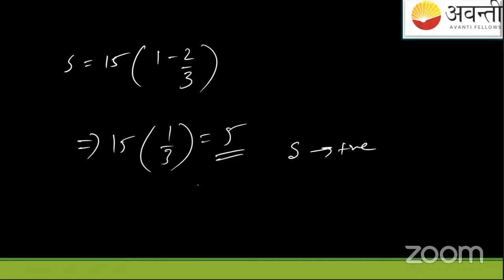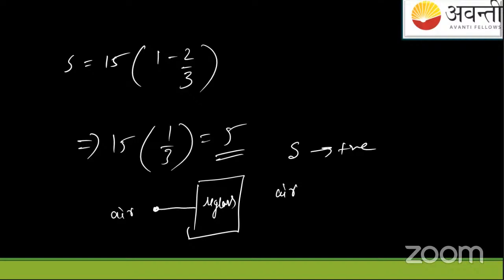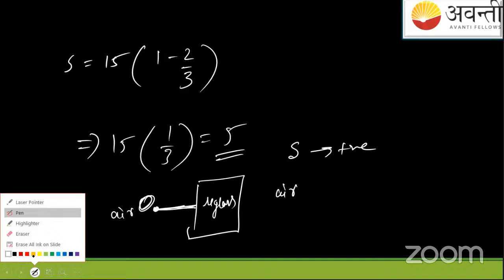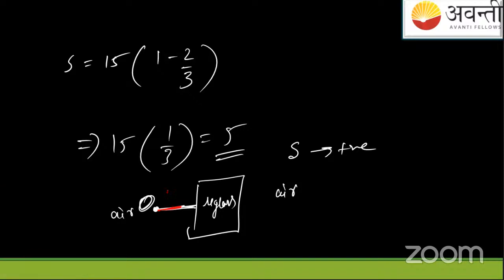It means if the slab was this, mu of glass, and the rest is air on both sides, and the object is here, suppose this is the object location, the shift comes out positive, it means the shift is +5 here, and this is the final image.